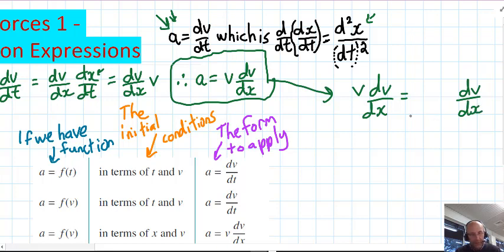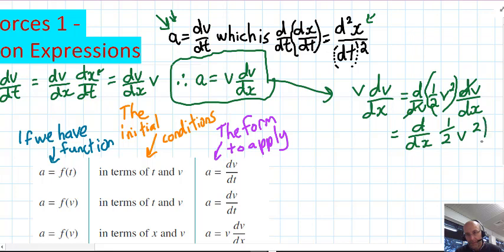It is possible to rewrite v as d dv of a half v squared, because if you took the derivative of that, you'd have 2 on 2 v to the 1, and 2 on 2 v to the 1 is just v. The cancelling like effect using the differentials would give us d dx of a half v squared, and that's another useful form. That's where they come from.